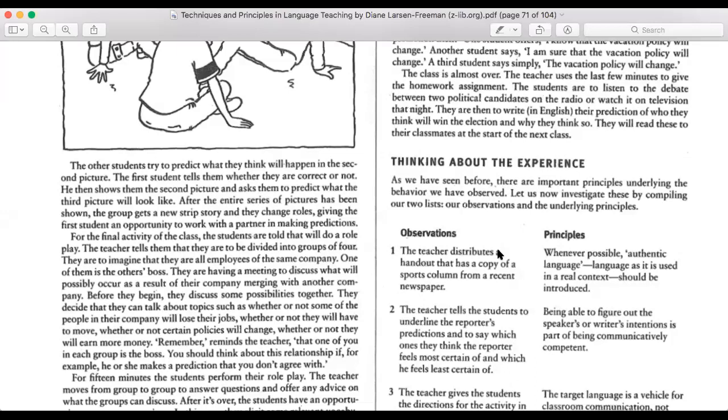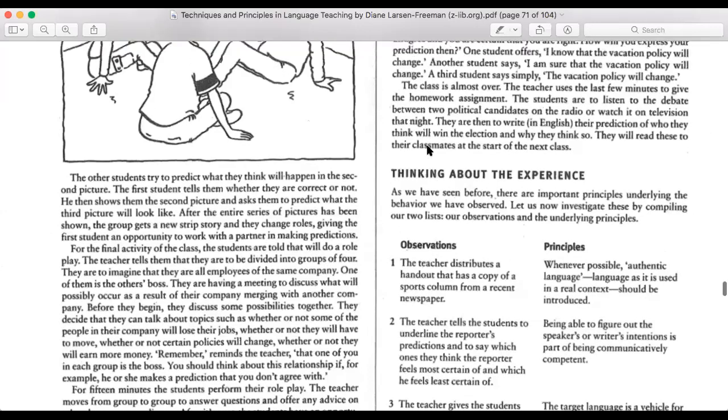If they are listening to the pre-election debates of two political candidates on the radio, or watching them, since this structure of prediction is taught to them, a related homework is given to them. Besides giving them some authentic material in the classroom to work with, the teacher also gives them homework.